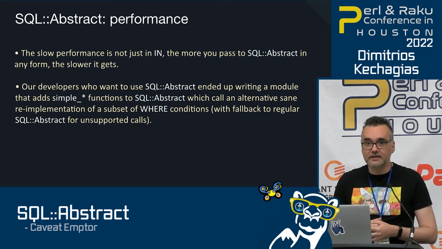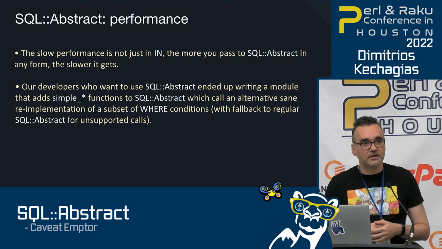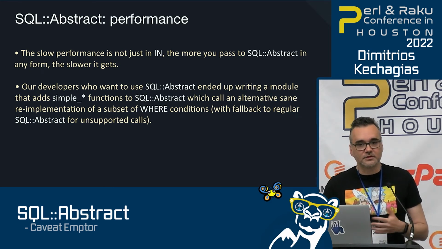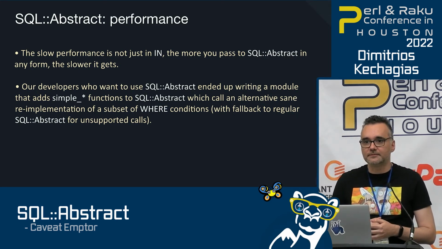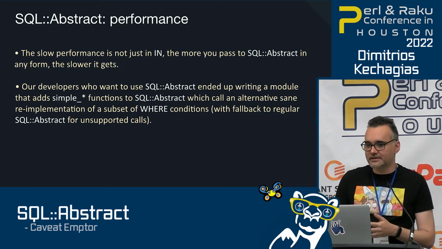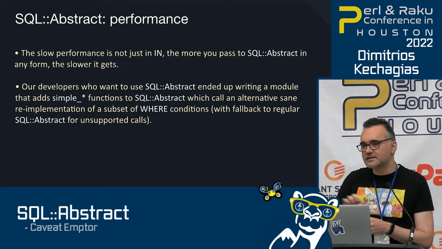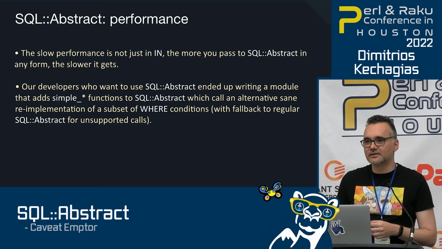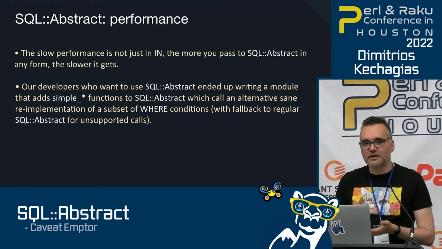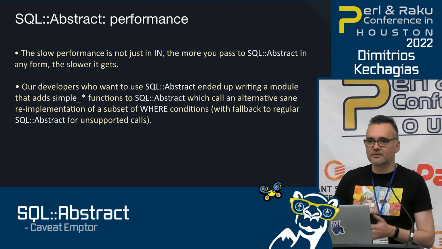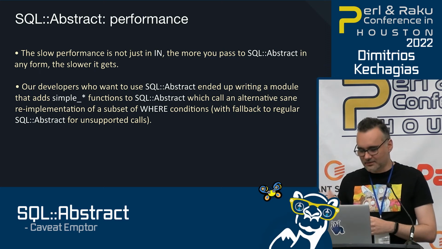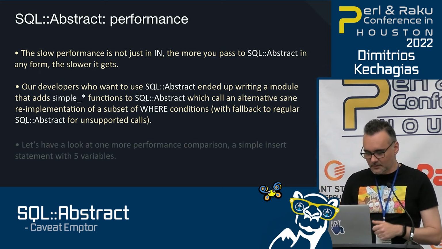So the lead who likes SQL Abstract just created a new module that adds alternative functions, simple select, simple insert, which use a different path for the common where conditions. They're re-implemented sanely. And if you use something we don't support, it falls back to the SQL Abstract.